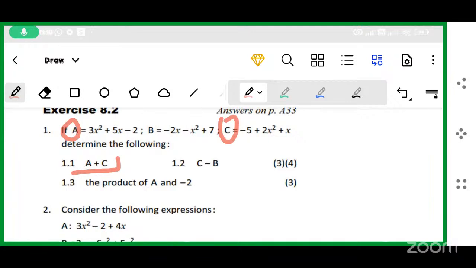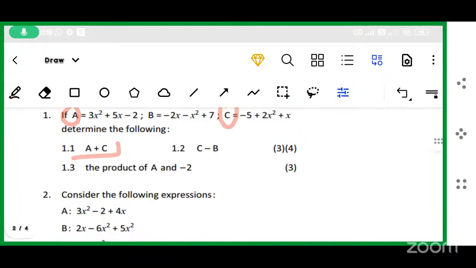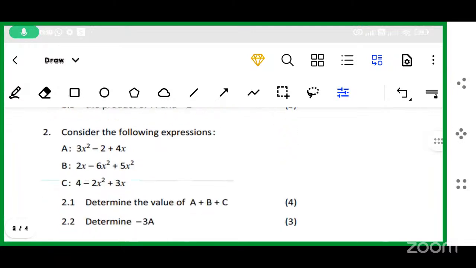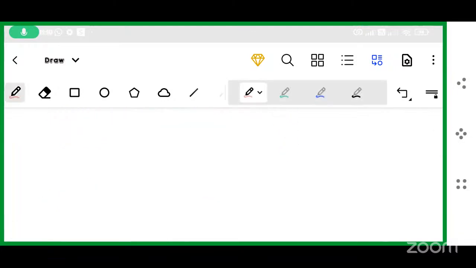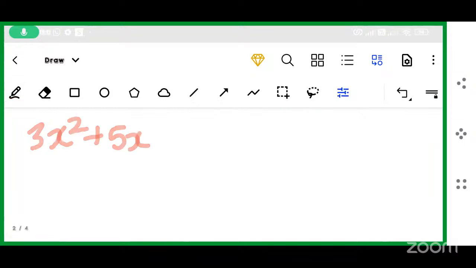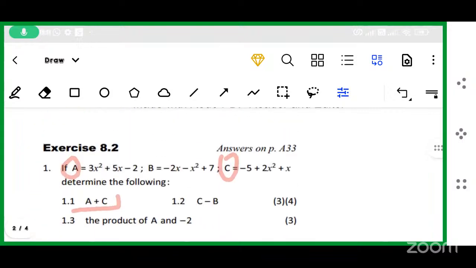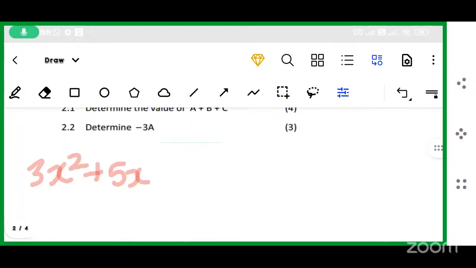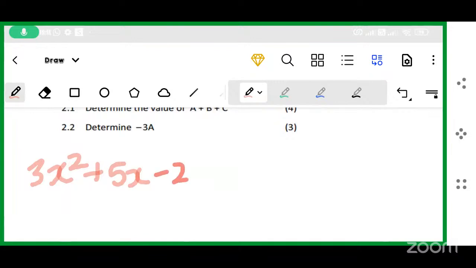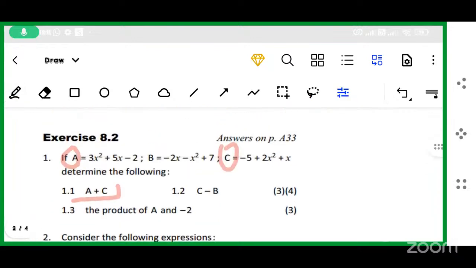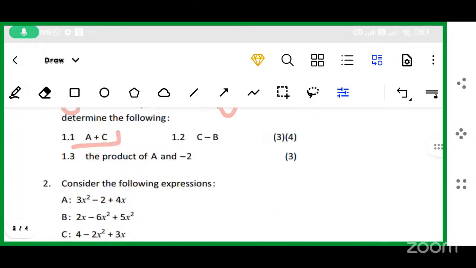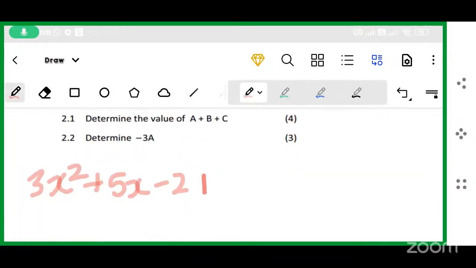So let me just go down to write the value of A, which is 3x squared plus 5x minus 2. So we write our minus 2. We go there again, plus C. So what I'm going to say now is that when you add your plus, make sure you introduce a bracket for the other one.